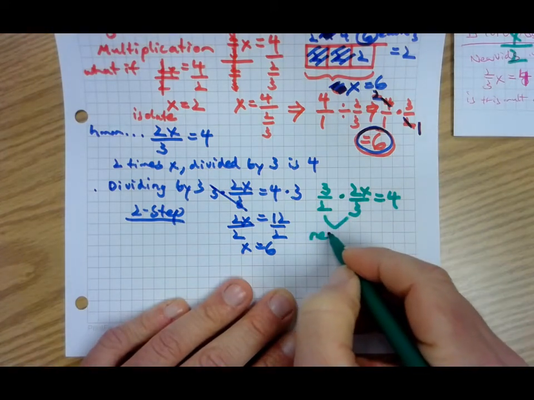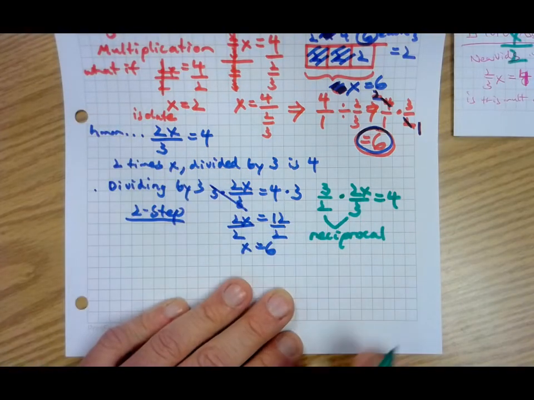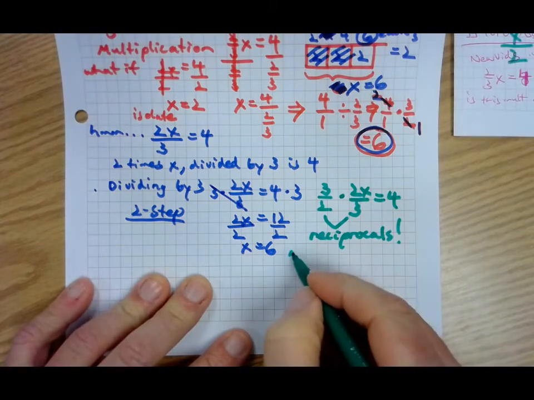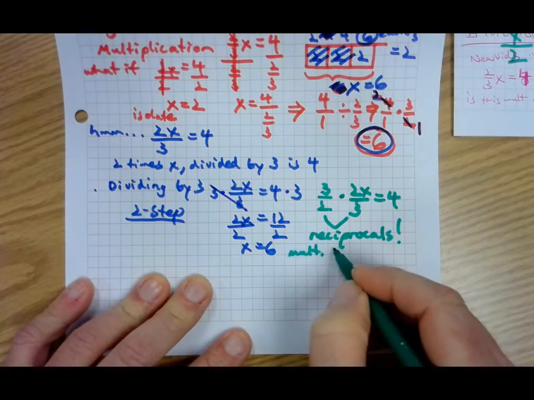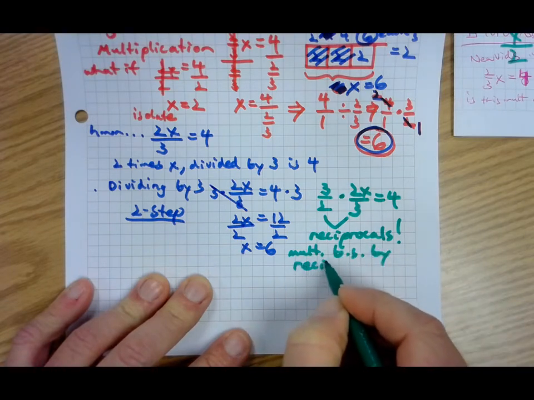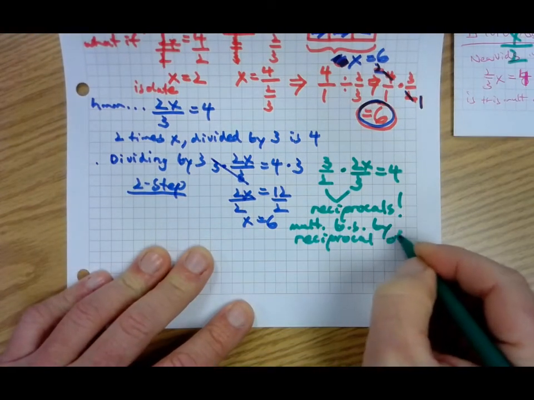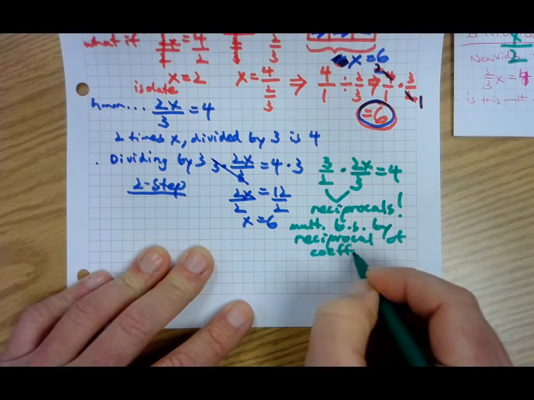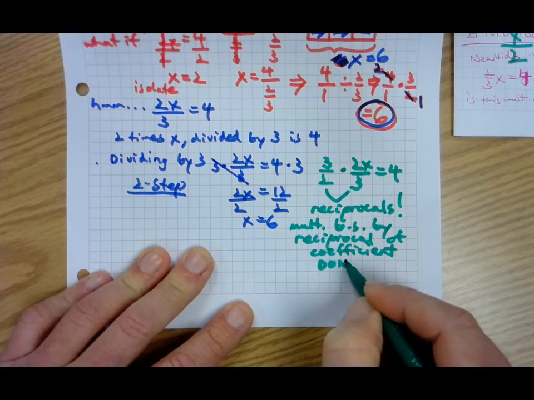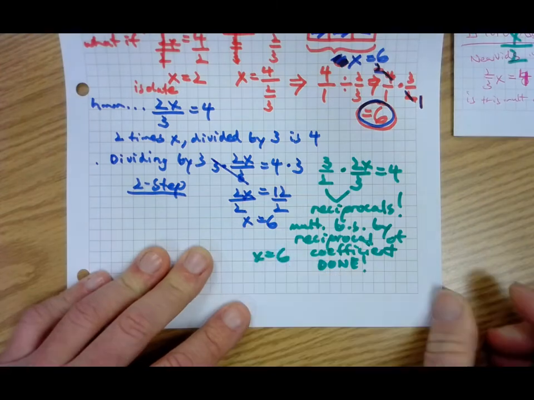Those are reciprocals, which takes us back to our original problem, which means if I multiply both sides by the reciprocal of the coefficient, we're done, right? Both sides, and once again, x still equals 6.